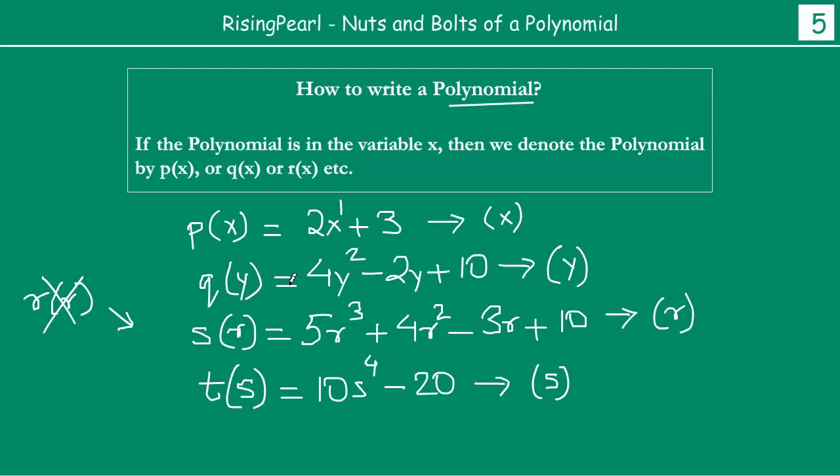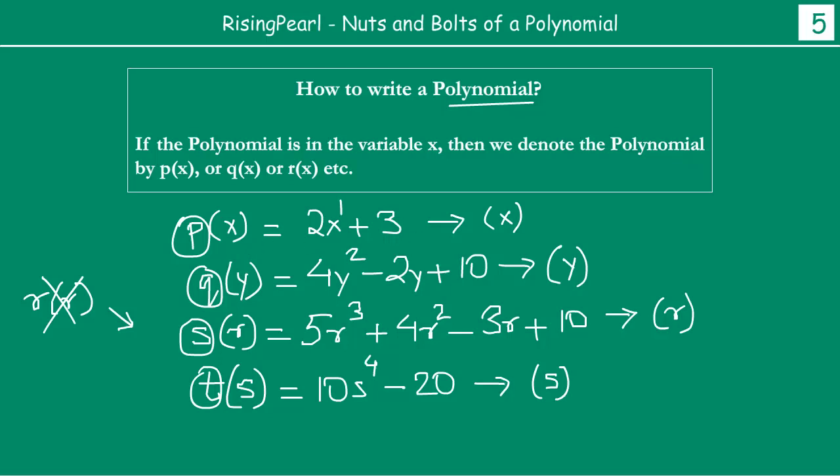So ये हो गई दोस्तों, this is your conventional form of how we write a polynomial. So हम लोग in each of these examples में we write a lowercase letter, and we choose the lowercase letter in such a fashion that it is not the same as the variable itself. We choose lowercase letter, then we open a bracket, and within bracket we write the variable of the polynomial, we close the bracket. So ये हो गई दोस्तों how we actually write a polynomial, right?